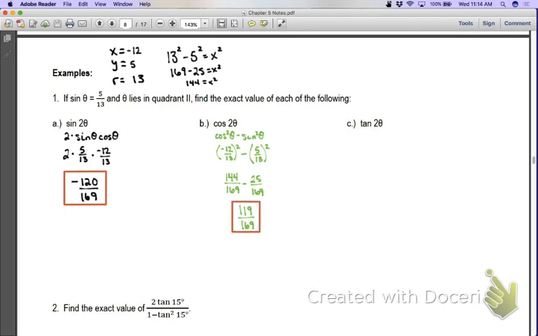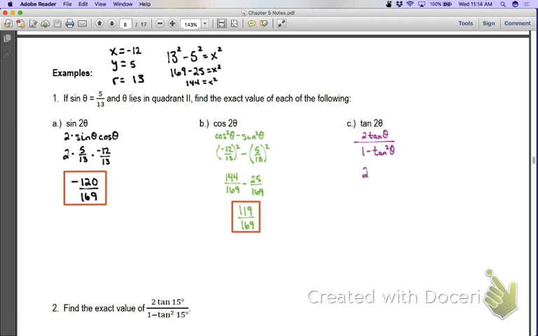Last one, then, I will go with the double angle for tangent. So it is 2 tangent of theta divided by 1 minus tangent squared theta.